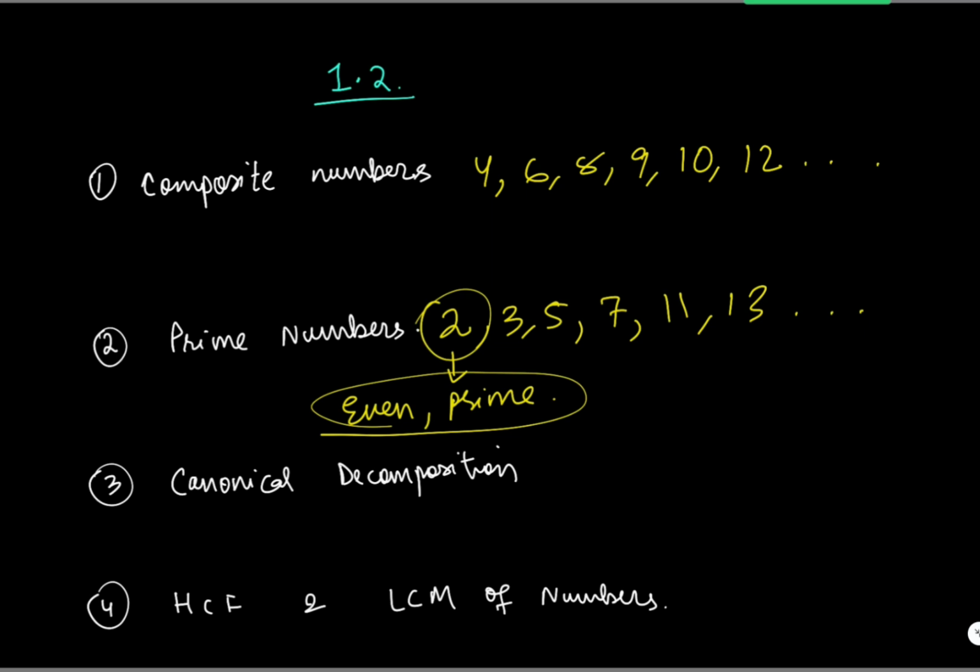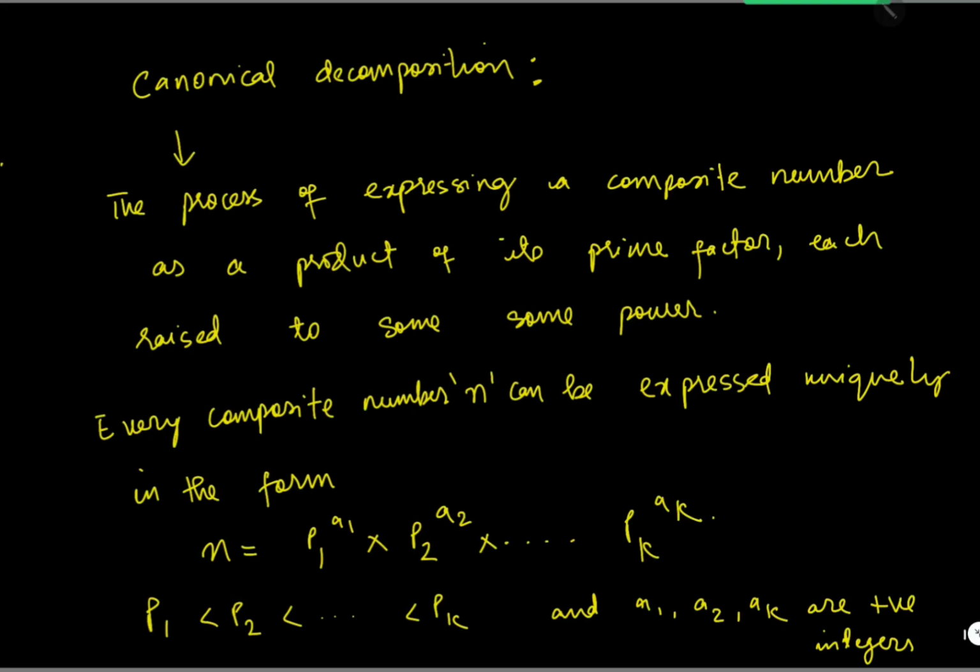Now let us move on to canonical decomposition. What is canonical decomposition? Canonical decomposition means the process of expressing a composite number as a product of its prime factors, each raised to some power.